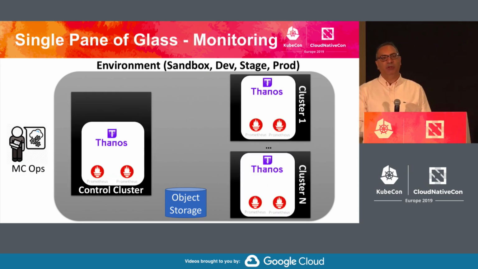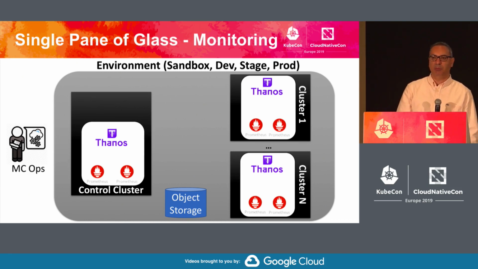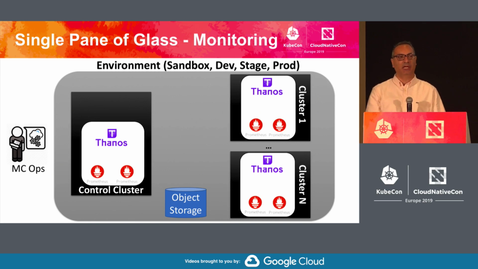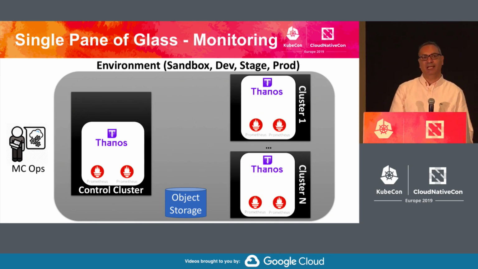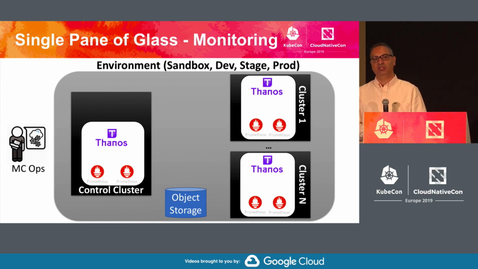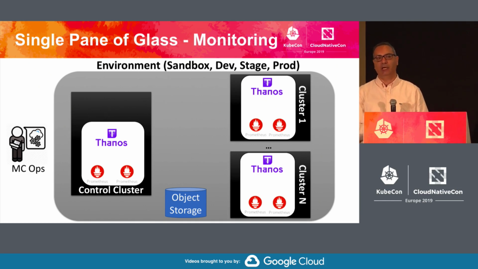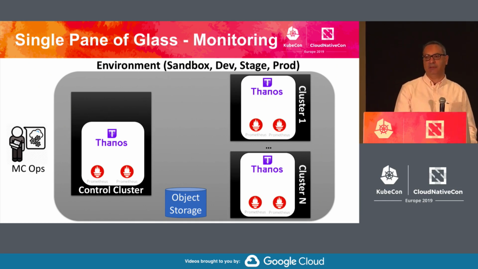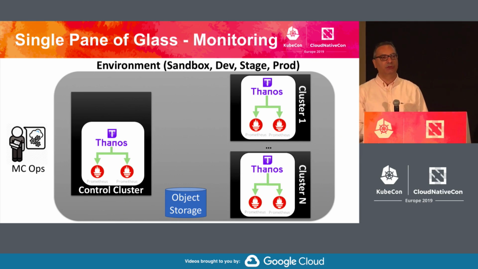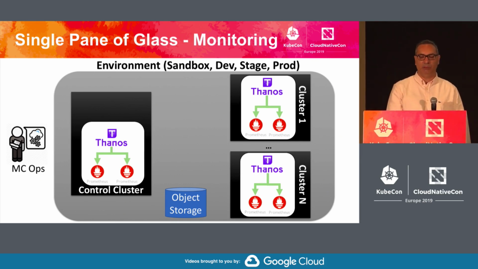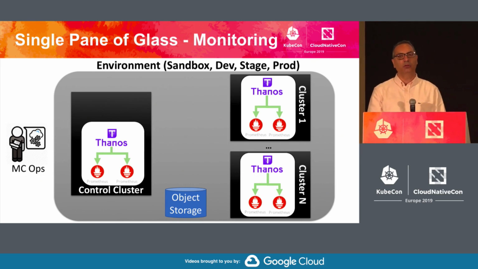For monitoring, we created a single pane of glass. We deployed a combination of Prometheus and Thanos. If you're not familiar with Thanos, Thanos is a component that allows you to do HA Prometheus. So you can deploy several Prometheus instances, and then Thanos will reconsolidate the data and deduplicate the data for you. The Thanos instances that are deployed are the same in all of these clusters, control or non-control.